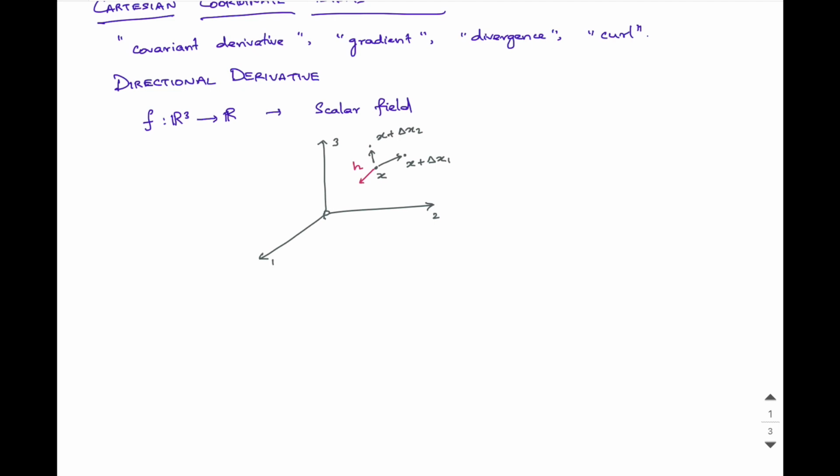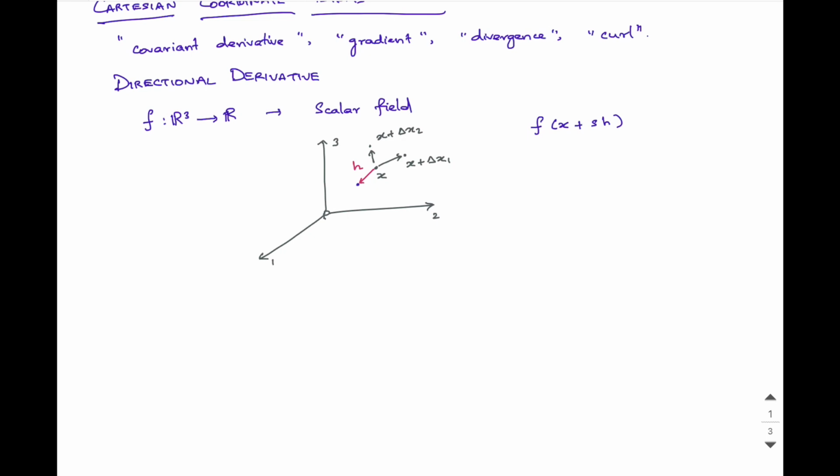Okay, and the definition is very simple, and it naturally follows from the description I just gave. So if I want to look at a neighboring point to x in the direction of h, I can think of it as simply some constant s, where s is a real number, times h.